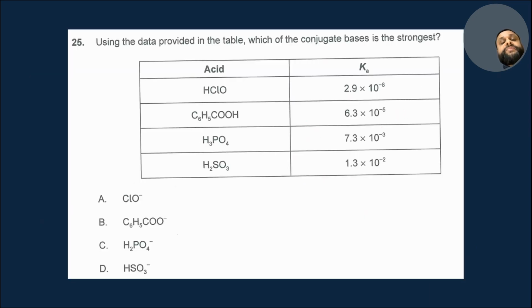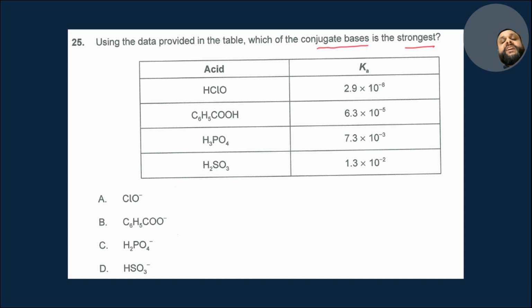Question 25. Using the data provided in the table, which of the conjugate bases is the strongest? Acid, after giving a proton away, becomes a conjugate base, and weak acids, they have strong conjugate base because equilibrium shift to the left. So what we're looking for here, the weakest acid. So Ka value, higher the Ka value, stronger will be the acid.